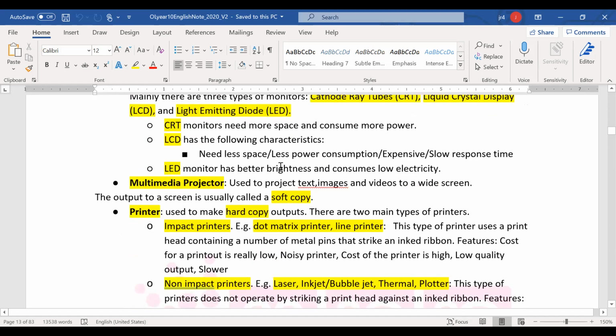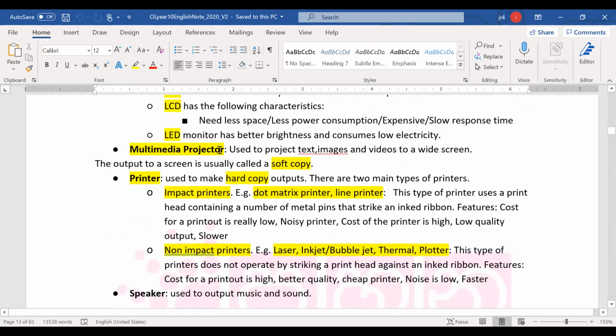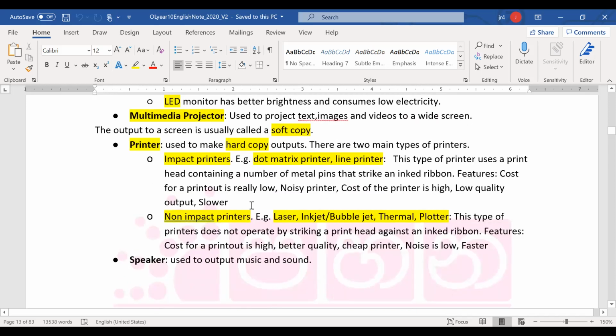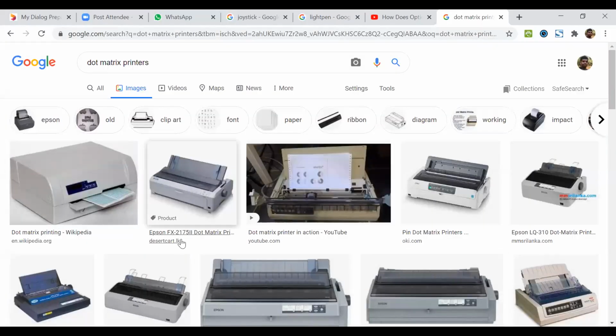Now, other than that, among output devices, we have multimedia projectors, especially in electronic presentations. Then we have printers. There are two types of printers. First of all, let me start with what we call dot matrix, which comes under impact printers.